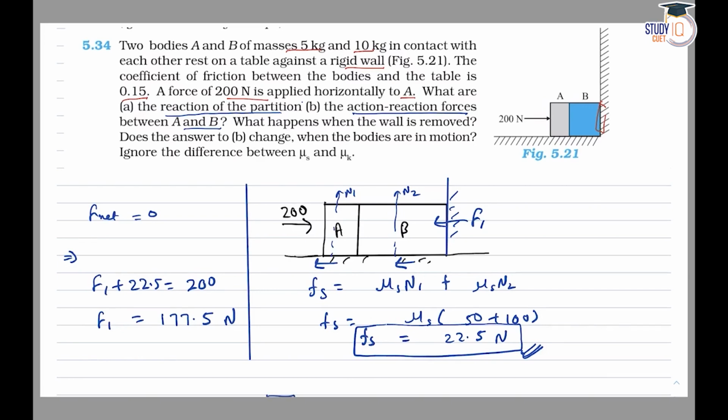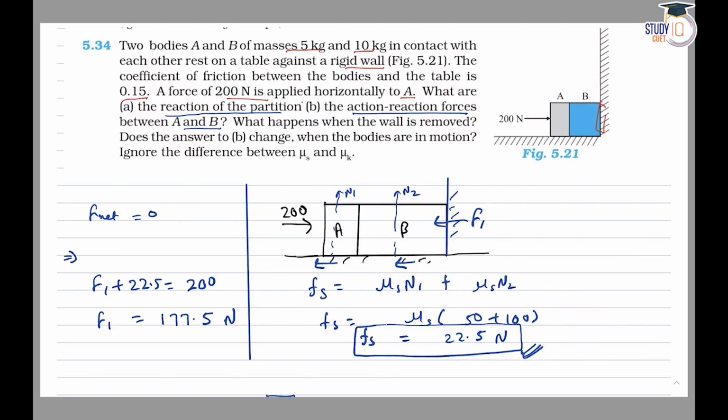So this is A, and we know that A and B both are at rest. This is the normal. The friction force acting on A is equal to mu s into N1, and this is 200 Newton. In order to find this normal, we can say that the net force on the system is 0. So 200 Newton is equal to N plus mu s, that is 0.15, into N1, that is 50.